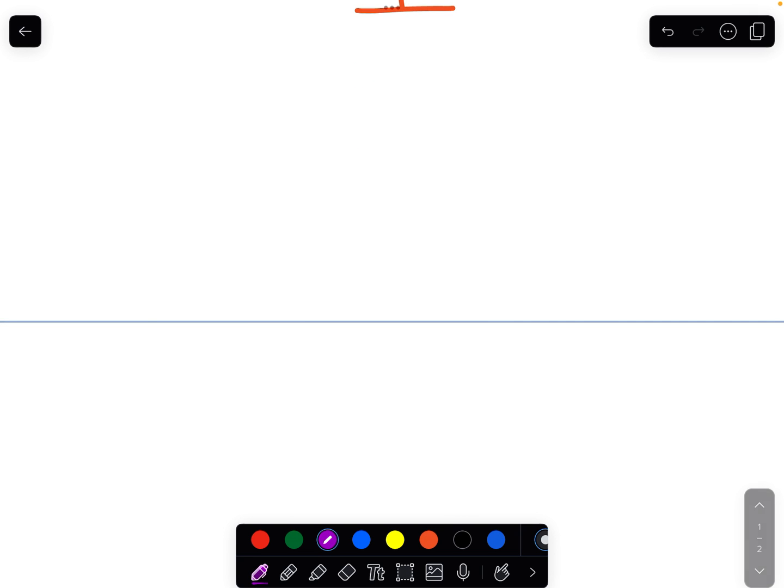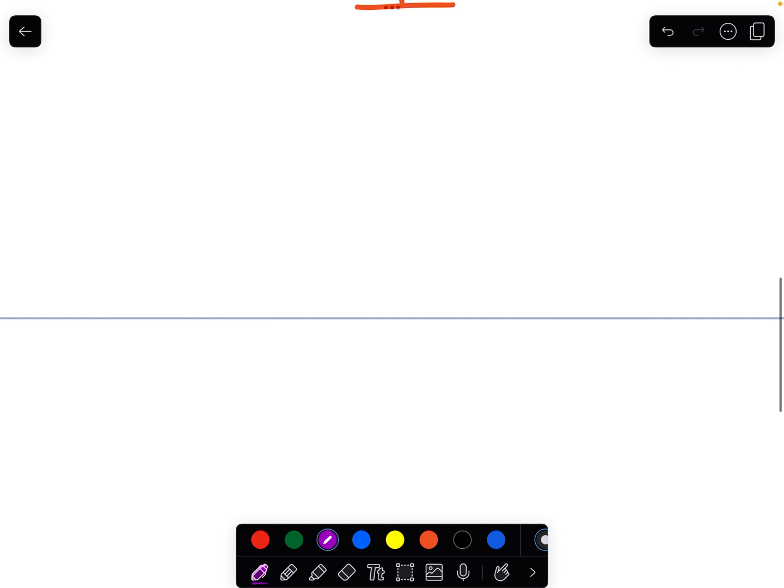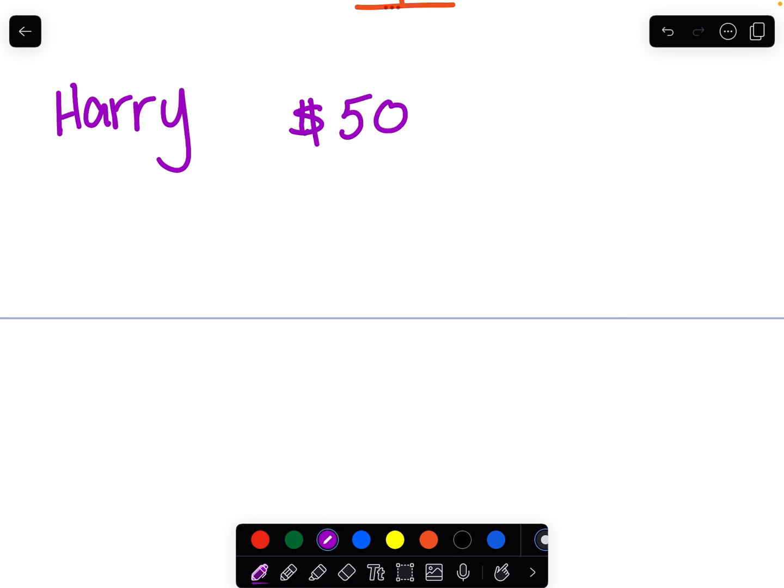We also use negative numbers in banking. Banks use negative numbers all the time. For instance, let's say I'm making up an imaginary person named Harry. I don't know how I came up with that name. And let's pretend Harry collects rare gems. Right now, he has $50 in his bank account. He ended up going to a special rock and gem store, and he ended up spending $70.